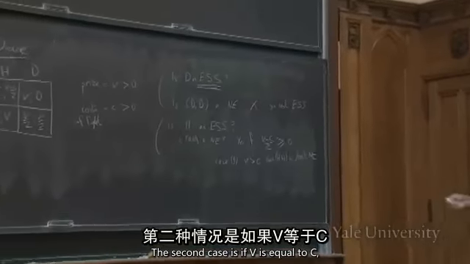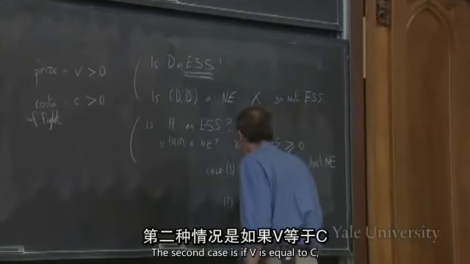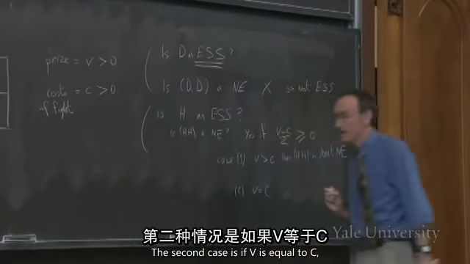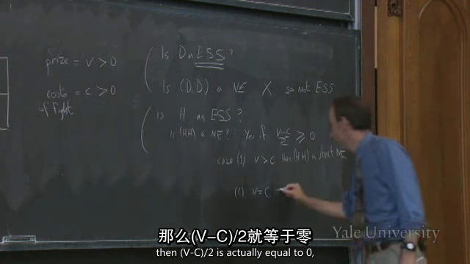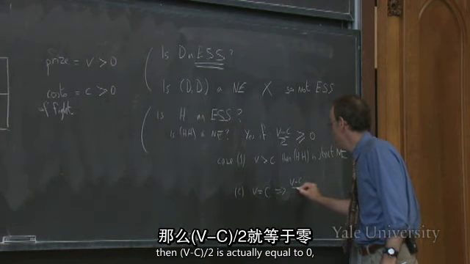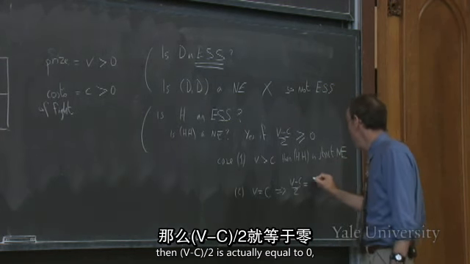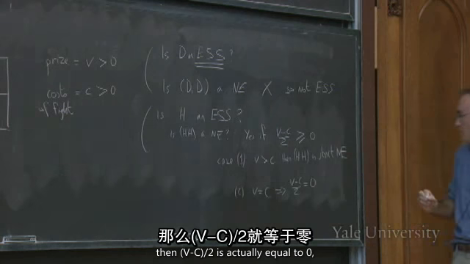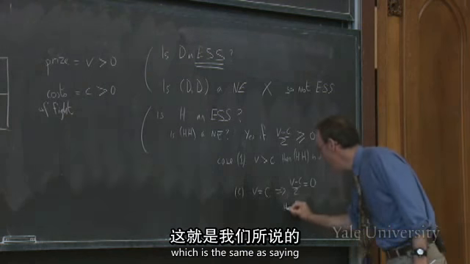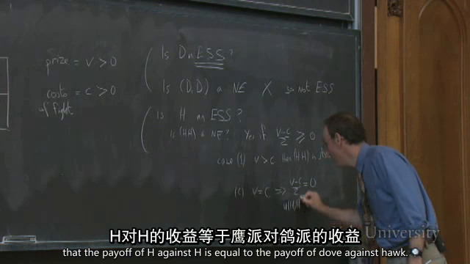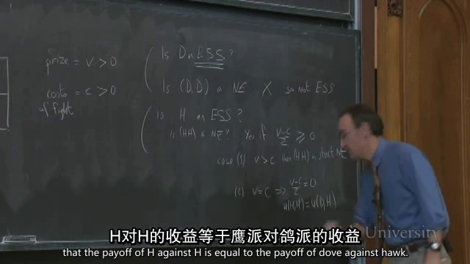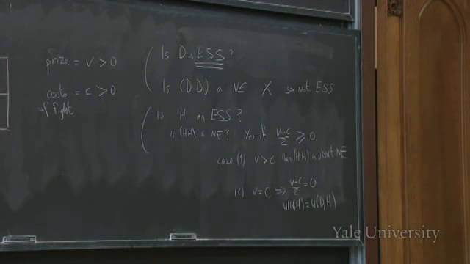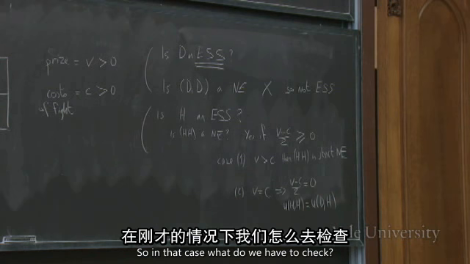All right? The second case is if V is equal to C. If V is equal to C, then V minus C over 2 is actually equal to 0, which is the same as saying that the payoff of hawk against hawk is equal to the payoff of dove against hawk. Is that correct? All right. So in that case, what do we have to check?